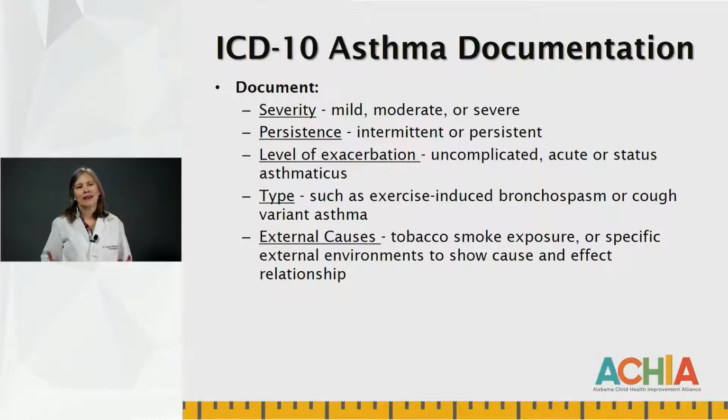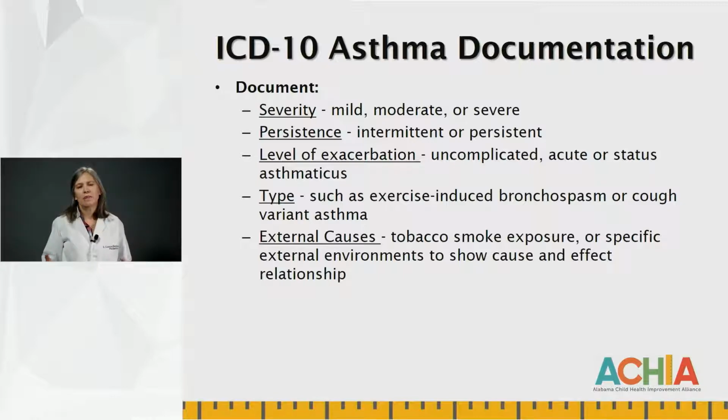Now you'll notice there's a disconnect between the coding world and the clinical world. So for example, for intermittent asthma in the clinical world, we don't use the term mild, but you will with coding. And also in the clinical world, we talk about levels of control, well-controlled, not well-controlled, very poorly controlled.